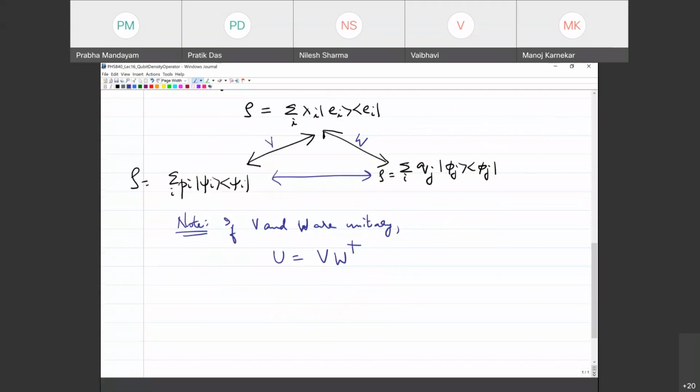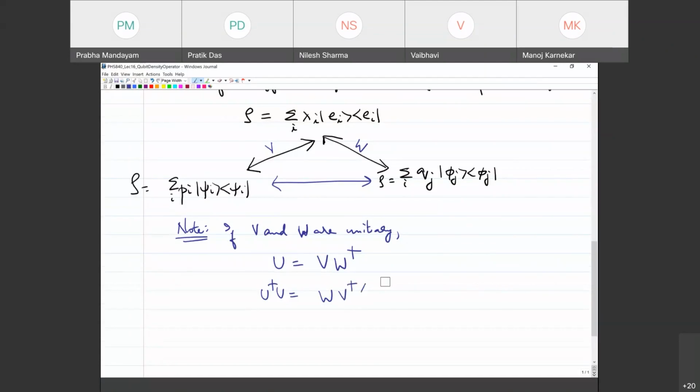Yes, why? Can you quickly say why? I just take the dagger of U and multiply both. So I get V W dagger into W V dagger. Correct. Exactly. Good. So if I do U dagger U, then that interchanges the order, right? So that gives me W V dagger, V W dagger.